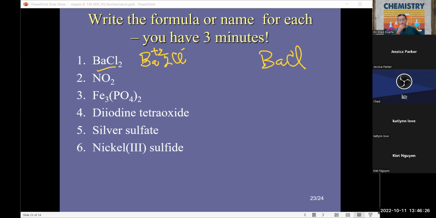And the answer is no, okay? Why is that? Because the barium has a +2. The chlorides always have a -1. I need 2 chlorides, so there should be a subscript 2. And so this would be incorrect as a choice for a formula. Okay, FYI. All right, so with that being the case, everything looks good. Its particular name would be barium chloride.